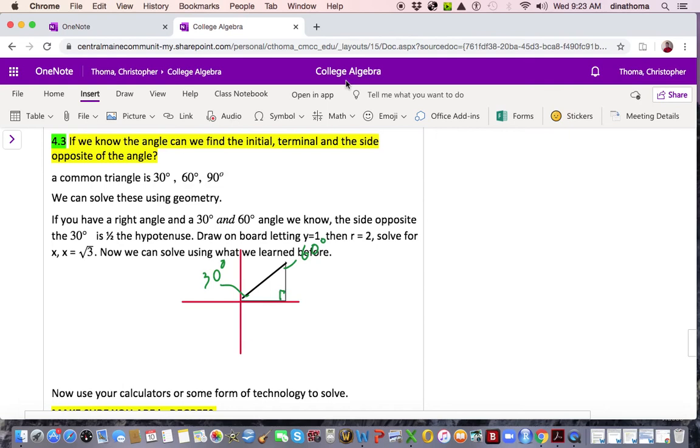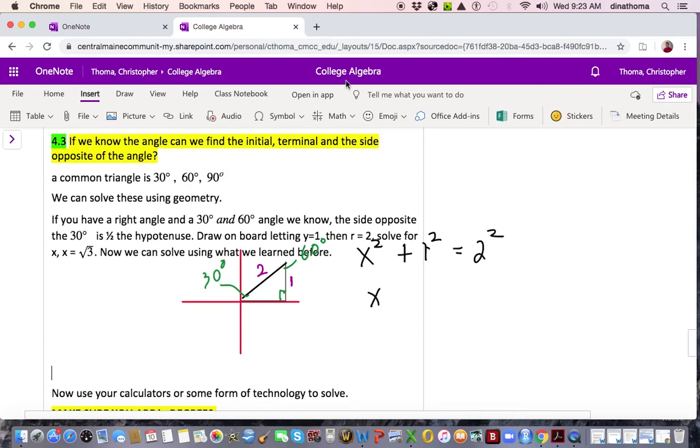And then again, we know this angle is always our 90. And we said that y is 1, so this is a 1, and r is 2. Then we can find x, right? Because we have x squared plus 1 squared equals 2 squared.